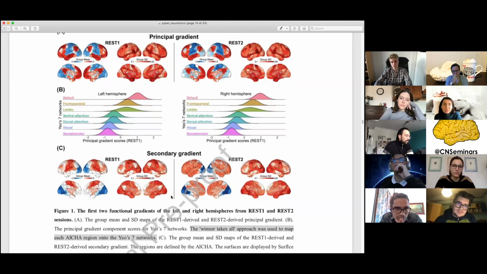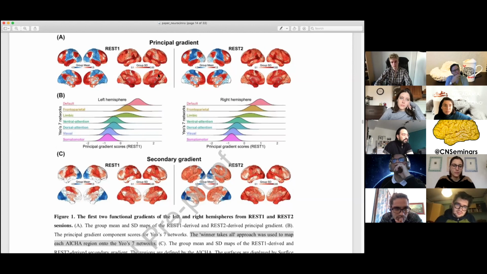However, for the second gradient, they did it also in two different sessions, one test session and one retest session, hence rest 1, rest 2, just to get a glimpse of the concordance between the two. So, are the gradients stable in the same participant over time?